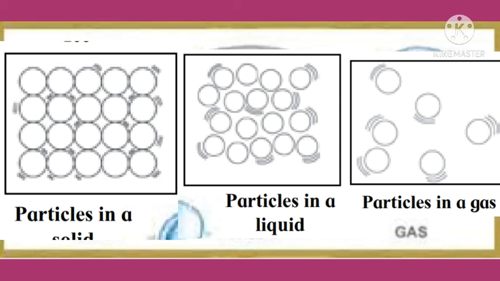See, in the solid, the particles are very close to each other. They are compact. And in liquid, we can see that the particles have a little bit of gap. They are a little bit away from each other. And in gaseous state, the particles are far away from each other.